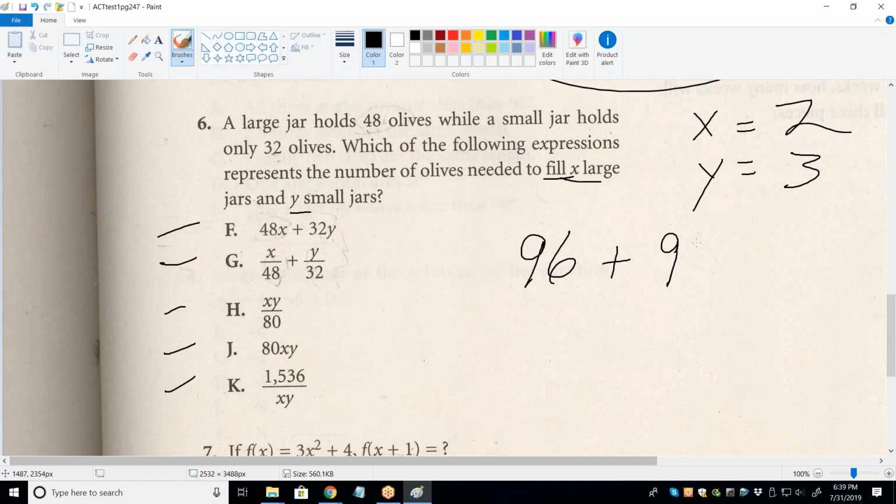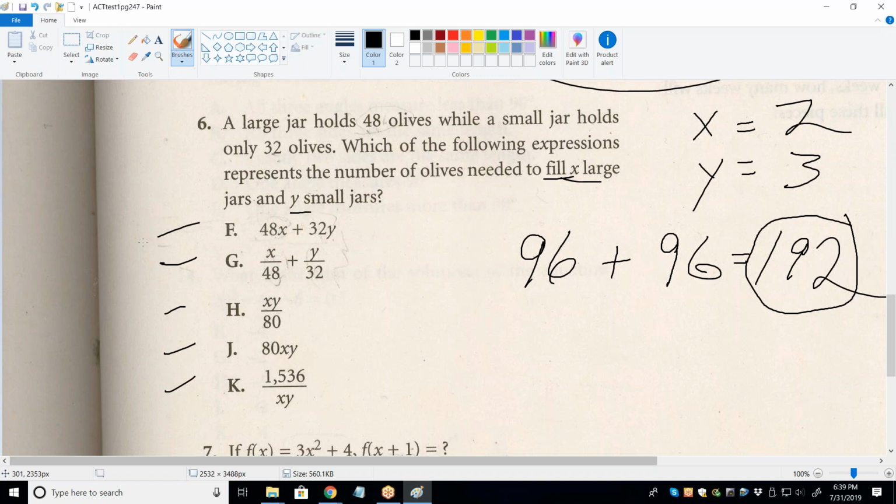Get your calculator in front of you so you don't have to struggle with these. Okay, what's that equal to? Okay, so what I'm looking for is one of these 5 answers to be 192 when X is 2 and Y is 3. That's it.